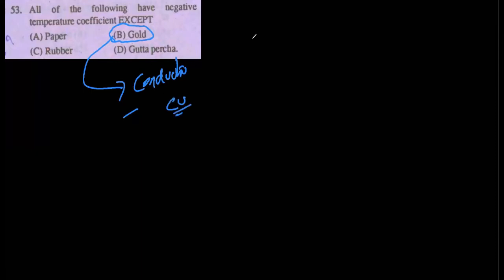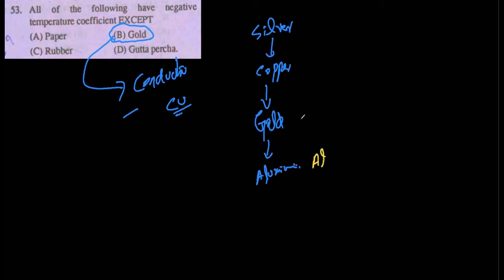In terms of conductivity, silver is the best conductor of electricity. After silver we have copper, then after copper we have gold, then after gold we have aluminum. Aluminum's symbol is Al, gold's symbol is Au, copper's symbol is Cu, and silver's symbol is Ag.